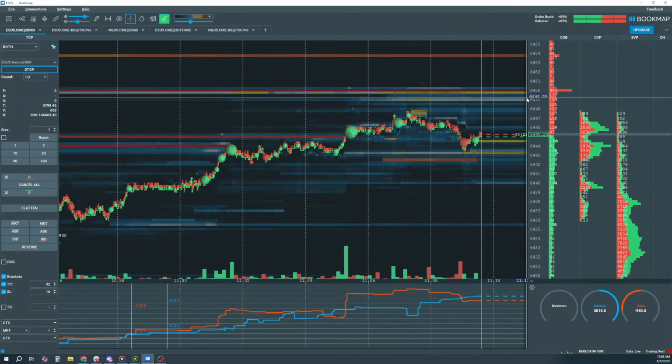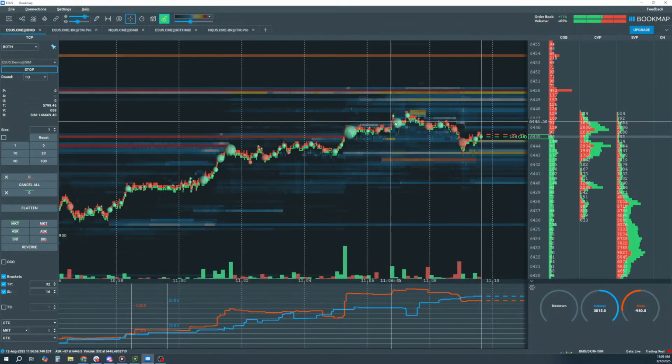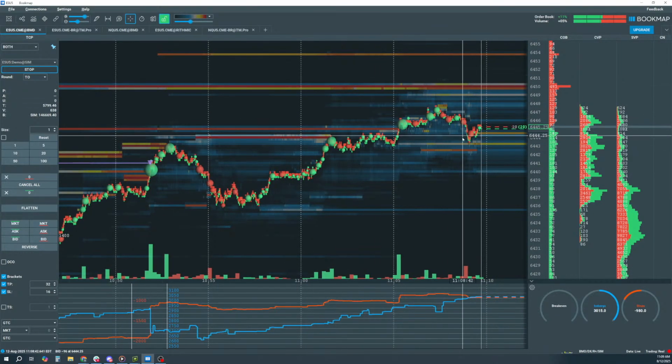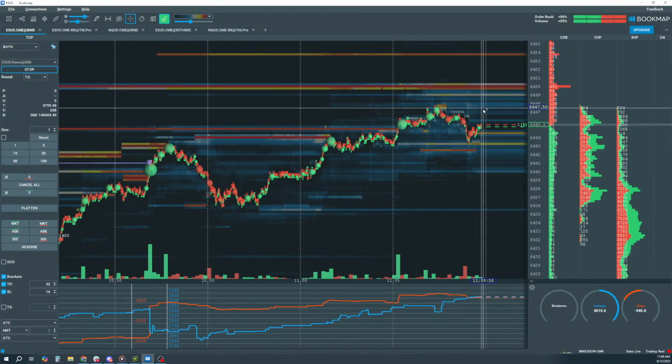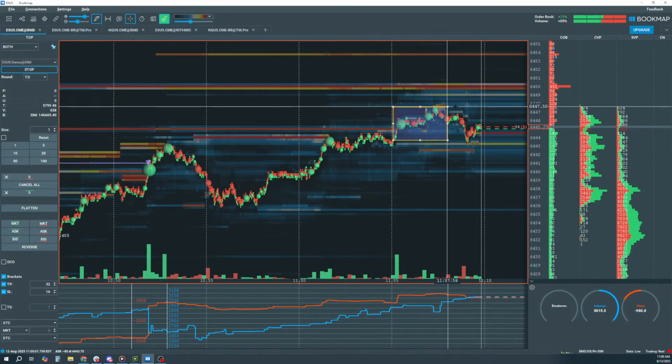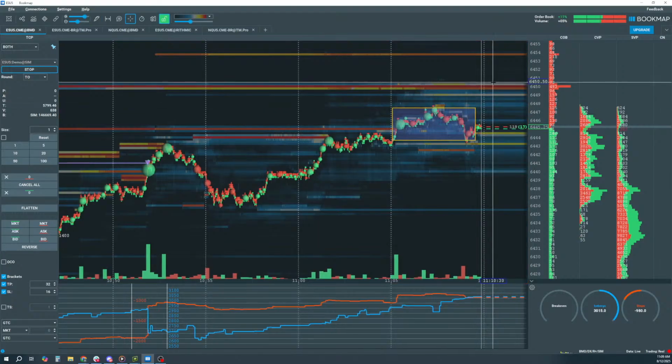A mean reversion trade would be if we get kind of a reversal pattern in here, which we don't have yet. You know, we're still getting price discovery here. We just maybe we're turning into kind of a chop in this area here for the moment.